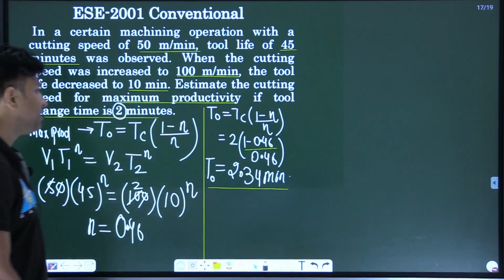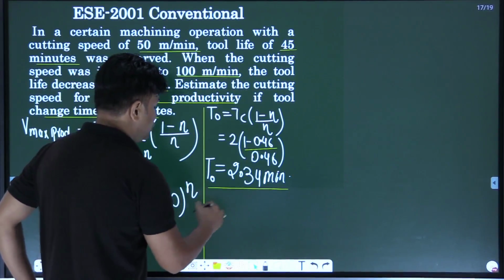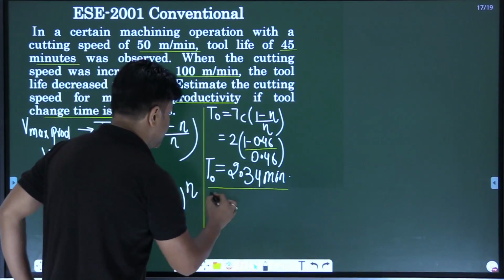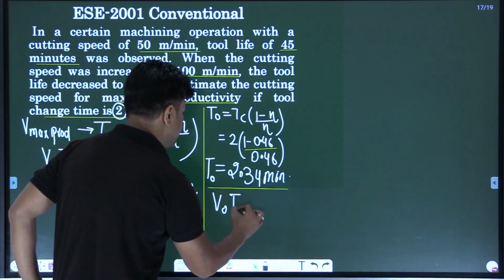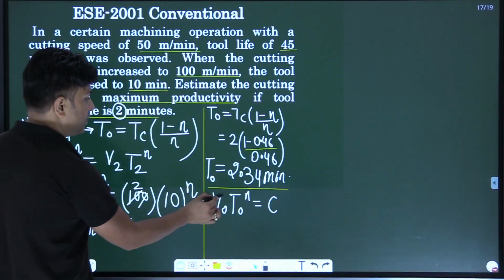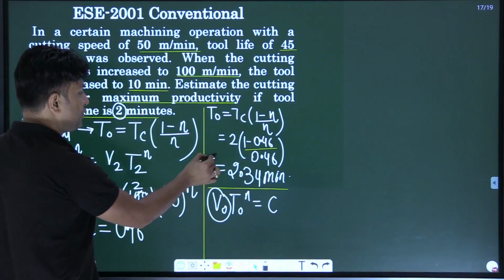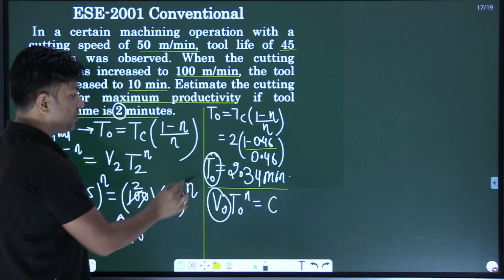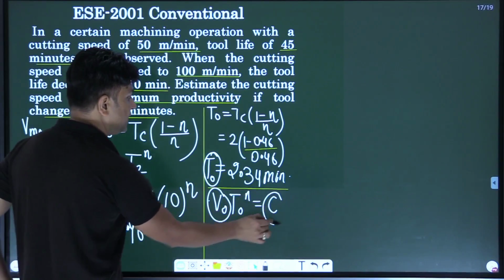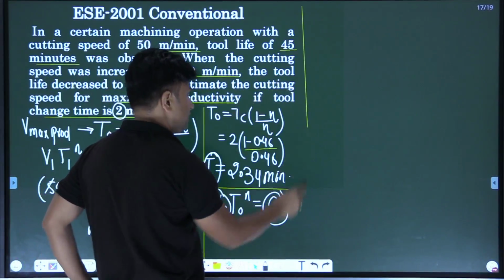Now, you know the T naught, so what do you do? We need the value of C also, because when we use the Taylor equation V naught T naught to the power n equals C, and we want to know the velocity where the production rate is maximum, we know the tool life corresponding to V naught. So we need the value of C also, and we can find it out.